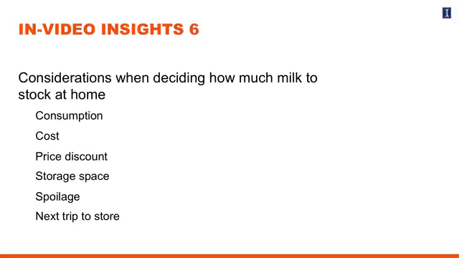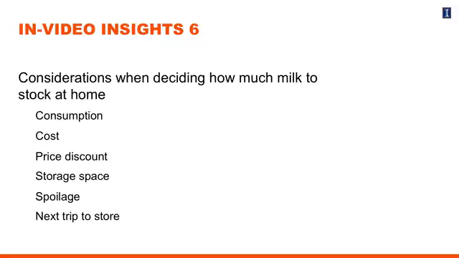The expiration date on the milk, and how much you use versus when it's going to spoil, is another thing you might consider. And finally, you're going to think about when you're going to go to the store next. So if you're planning to not go for a couple of weeks, you think, I need to get enough for a couple of weeks.